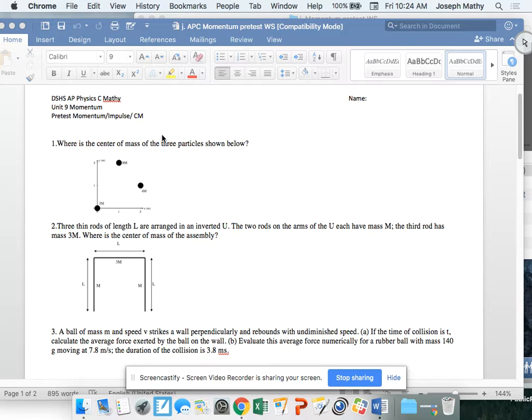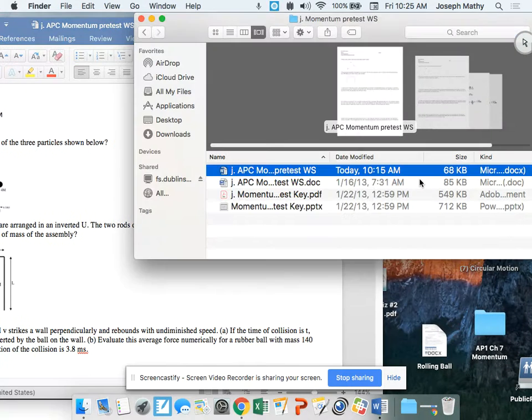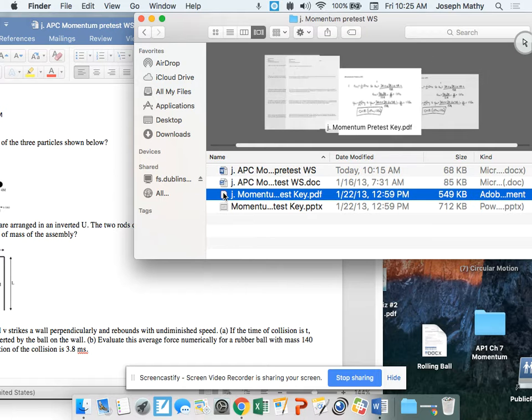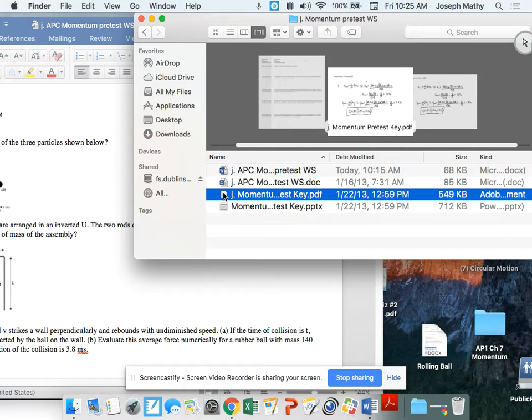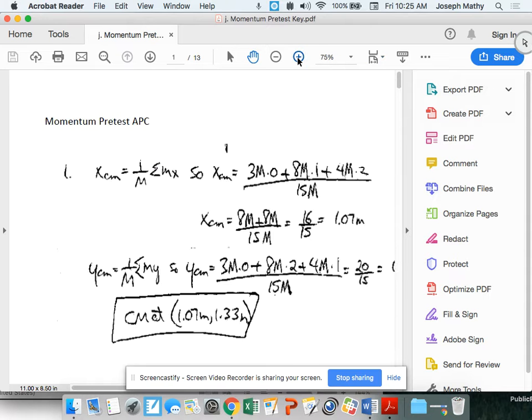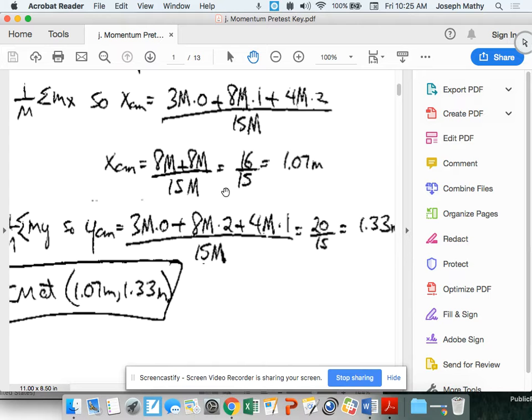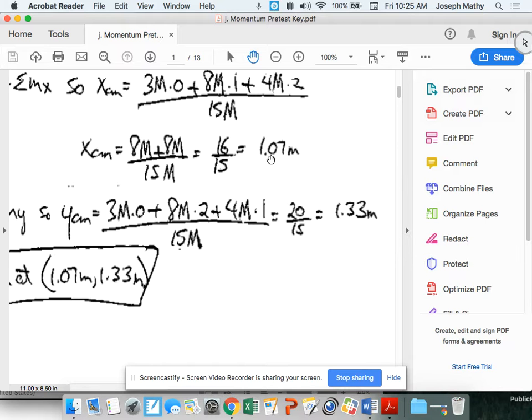Number one asks, where is the center of mass of the three particles shown below? And I am assuming that you guys have all had a chance to do it now. So what I'm going to do is I'll bring up what I got for the answers on this long ago. The answer to number one, your center of mass that you're looking for in the X is 1.07.